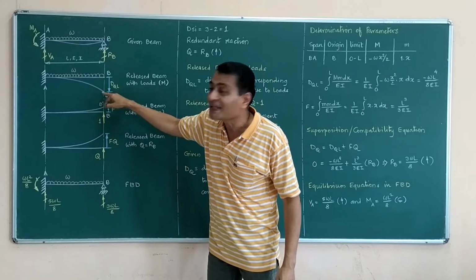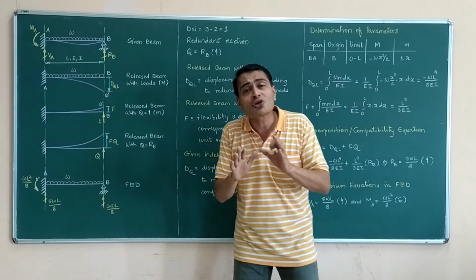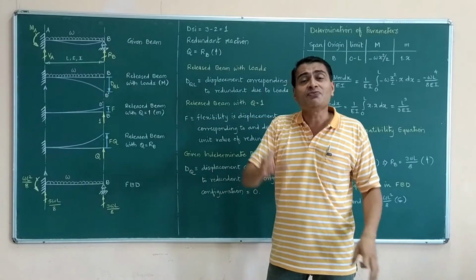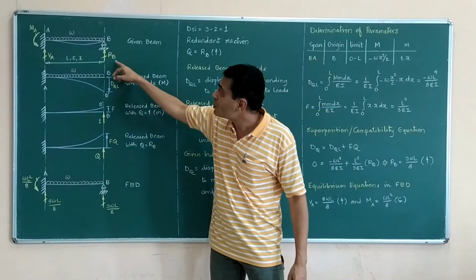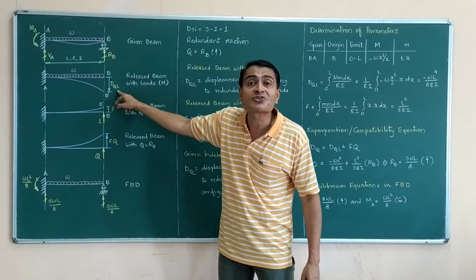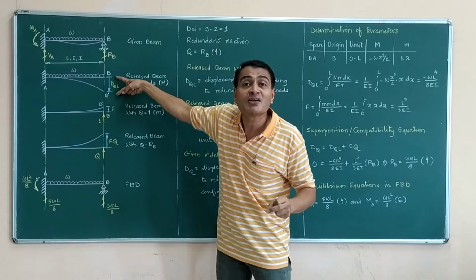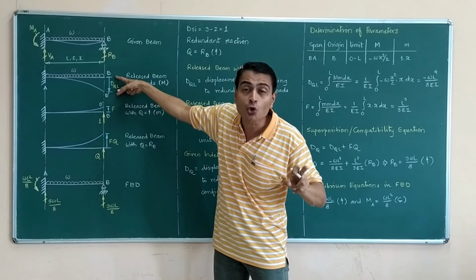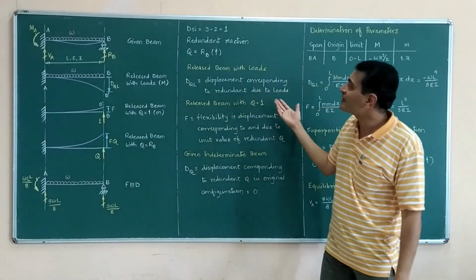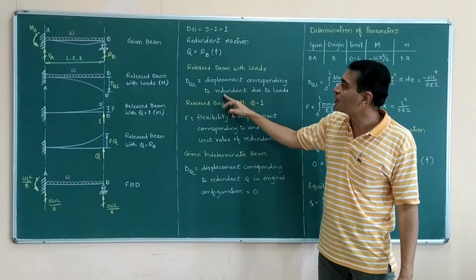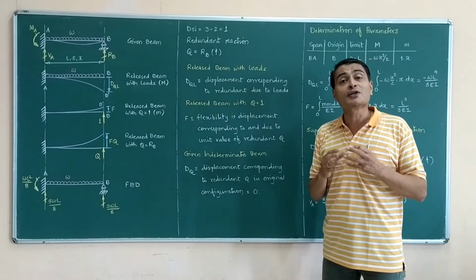Though there is some theta B here, some slope, I am not focusing upon that slope at all. If it is a couple moment, I will focus upon slope. If it is force, I am focusing upon deflection. That is why this BB prime deflection and not the slope I am calling DQL, and the meaning is clear here: displacement corresponding to redundant due to loads. So I have defined it, DQL.